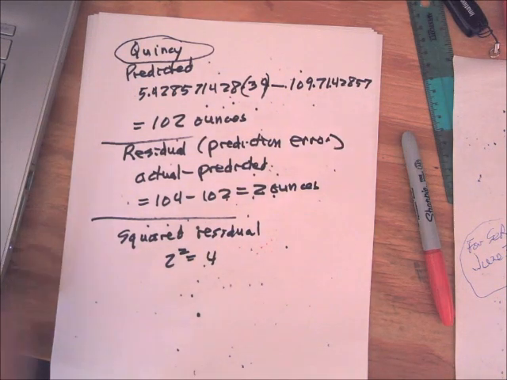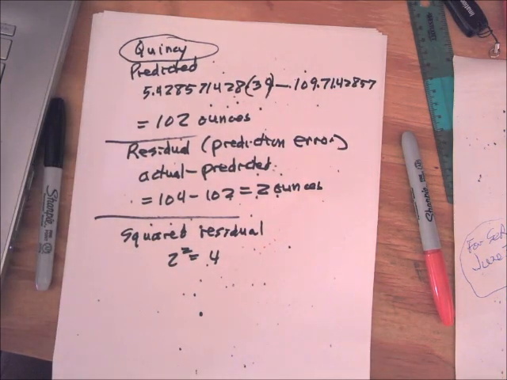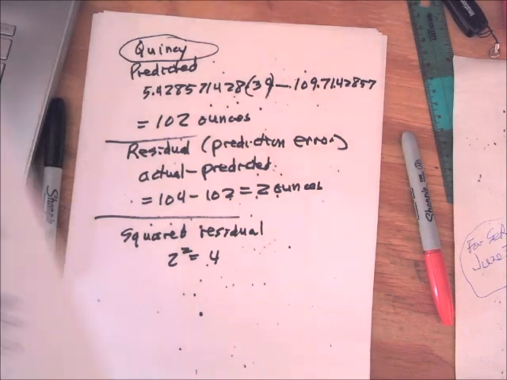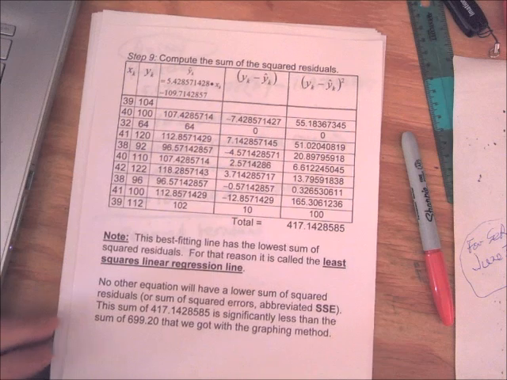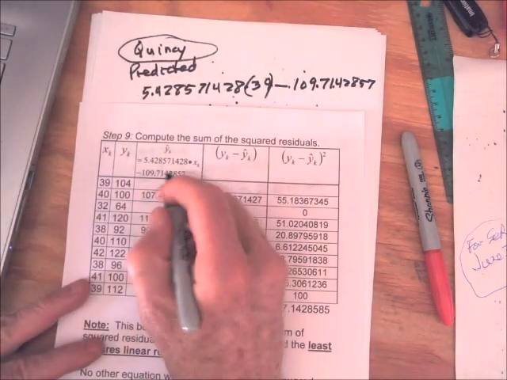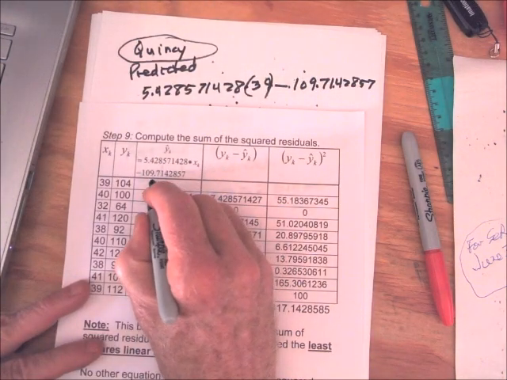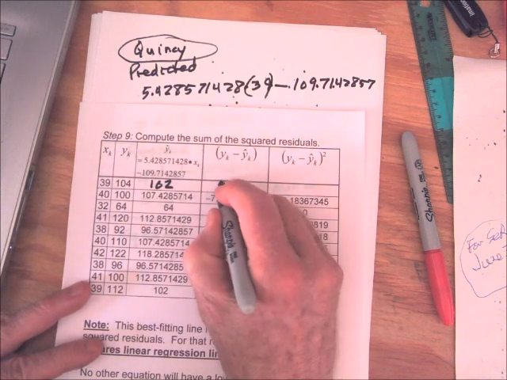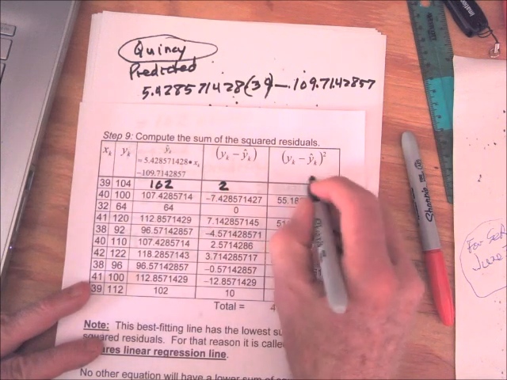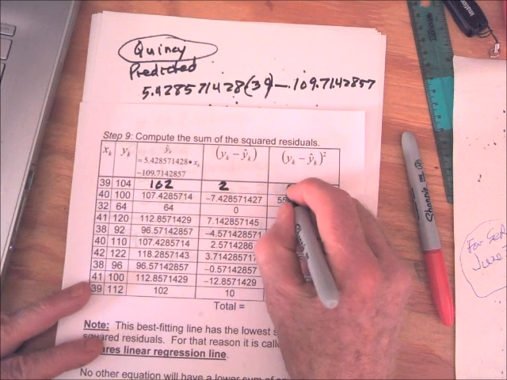Okay, so we can do that for each baby. For Quincy, the predicted birth weight was 102, the residual 104 minus 102 is 2 ounces, and the squared residual is 4.